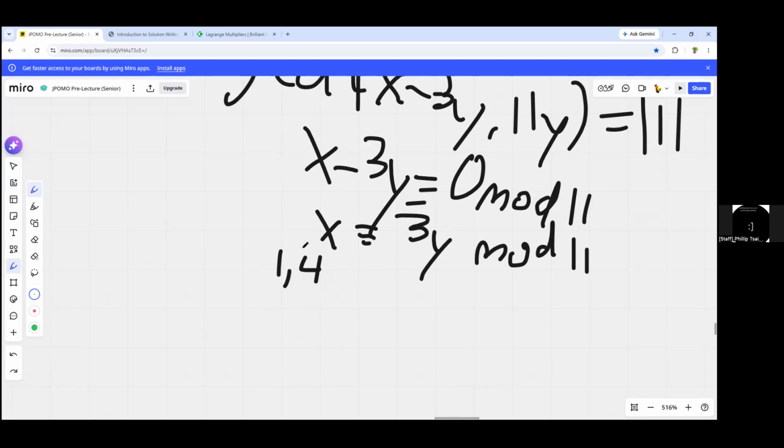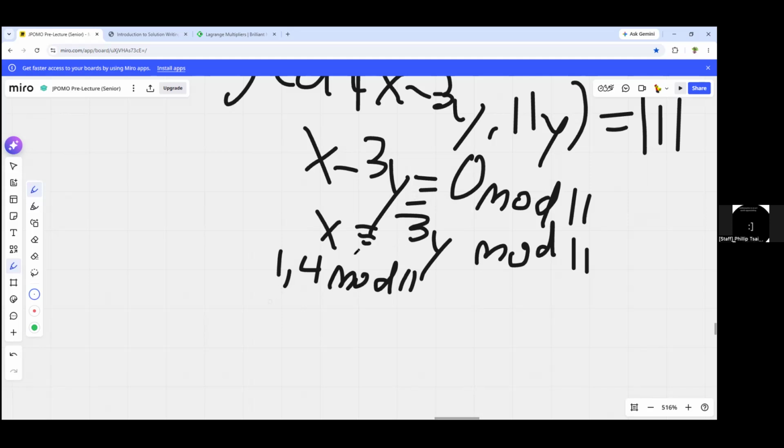So it's not really 4. It's to describe all possible x here. We do 4 mod 11. Why can y be 4 mod 11? Because after 11, it just repeats. The remainder repeats.